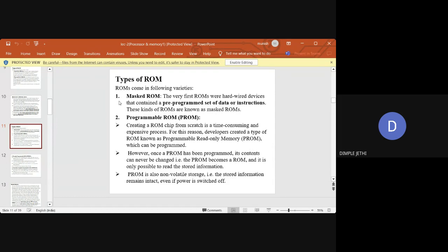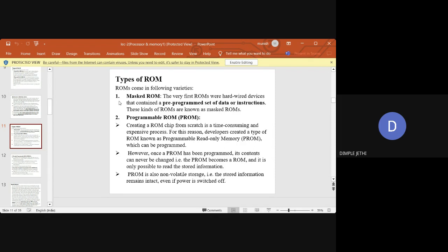Then we come to the different types of ROM. I'm going to explain them one by one. One is masked ROM. Masked ROM means the data or instructions are hardwired.